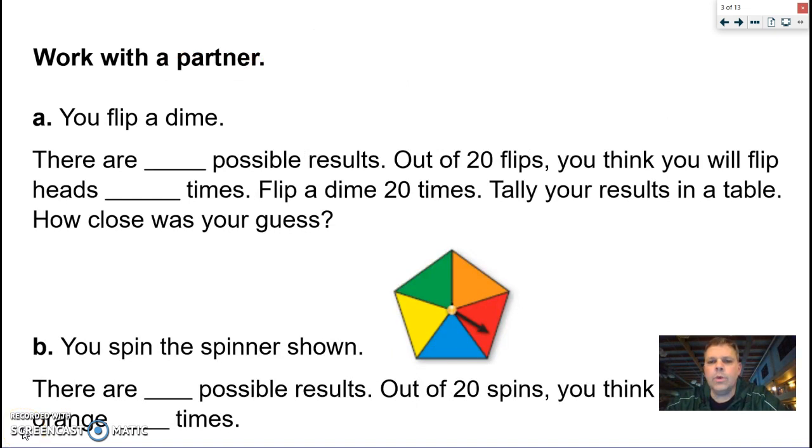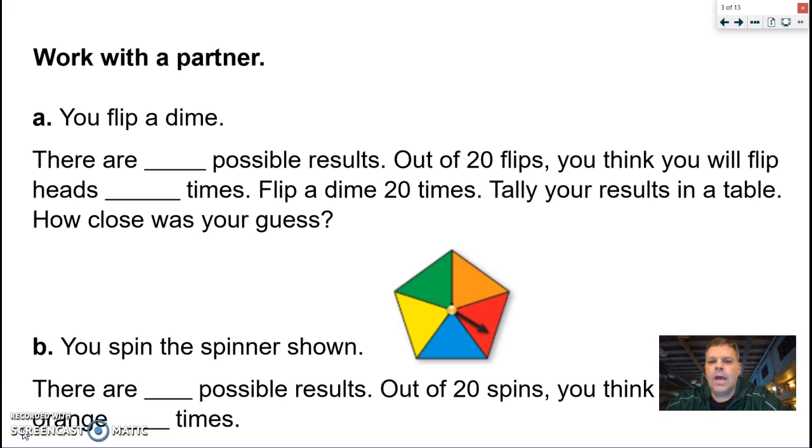Our next activity says to work with a partner. However, I am going to ask a person to come up front, or the sub can choose a person to come up front and do these. You are going to flip a dime or a penny or a quarter. There are blank possible results. Please answer that.